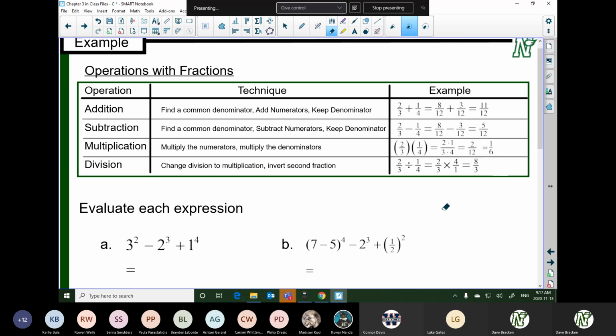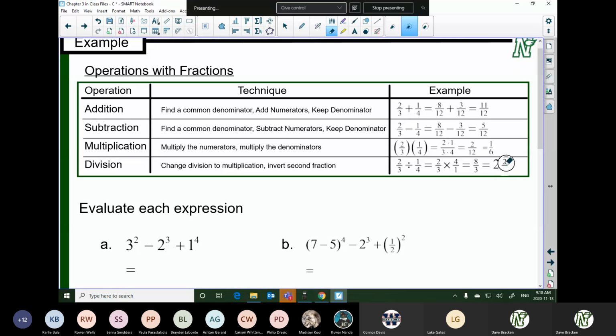Now, we have an improper fraction. The numerator is bigger than the denominator. We ask ourselves, how many times does 3 go into 8 without going over? And it can go in 2 times because 1 three, another 3 gives you 6. This will go in 2 times. So when this goes in 2 times, we go 2 times 3 is 6.